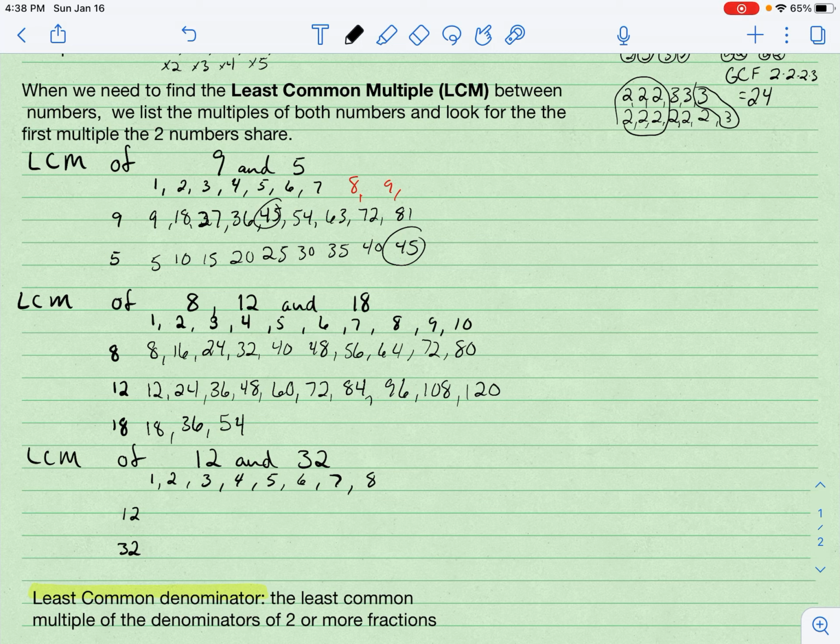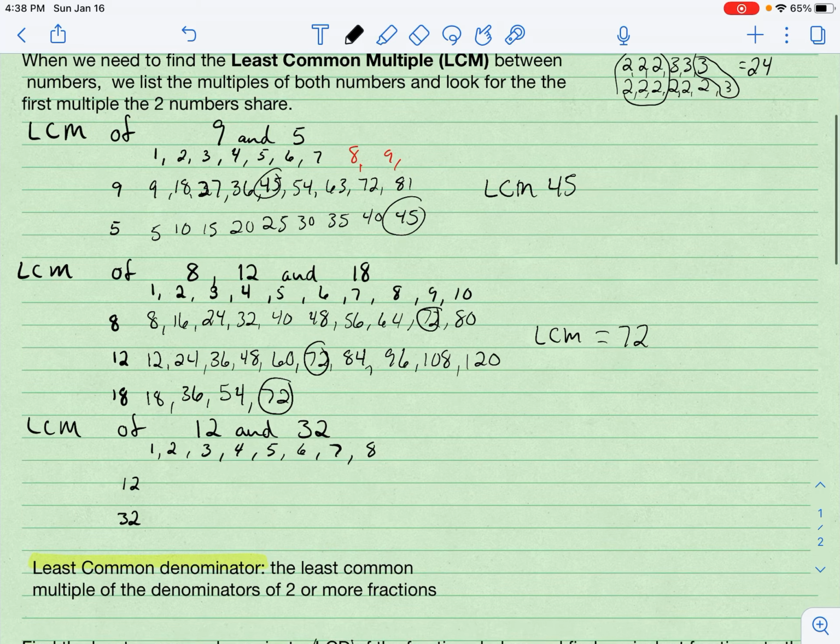Okay, next one, plus 18 would be 72. And so what you'll notice is that 72 does appear in all of them. So 72 is the least common multiple. So let me just write LCM is 45 on this one. And then the LCM here equals 72. Okay, this last one, go ahead and solve on your own, list out the multiples, find the least common one that they share.